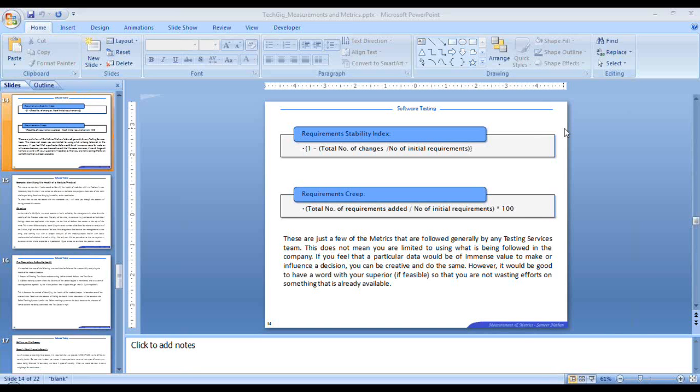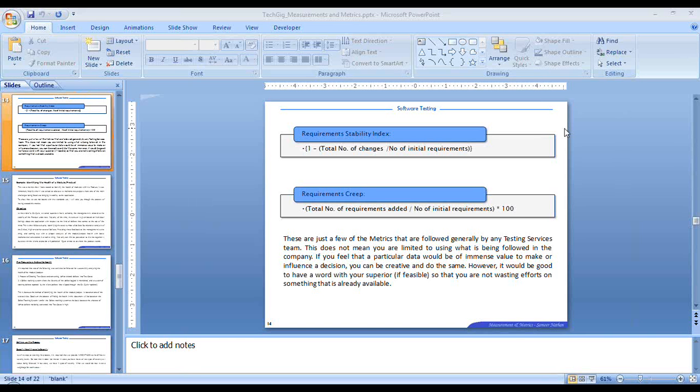Requirements creep, on the other hand, is the number of requirements which get added into your scope. So if you were to put across a point to the stakeholders that you have had a requirement creep which has impacted your timelines, and that is one of the reasons why you measure requirements creep, how has it impacted your testing activities or your testing timelines?